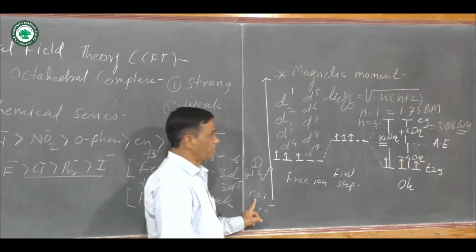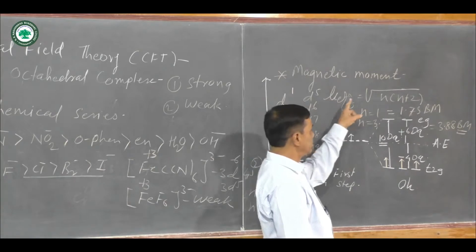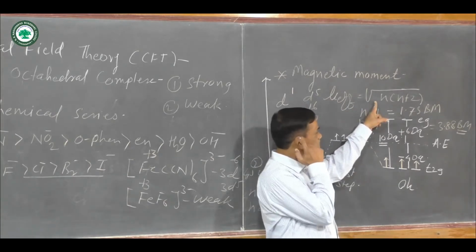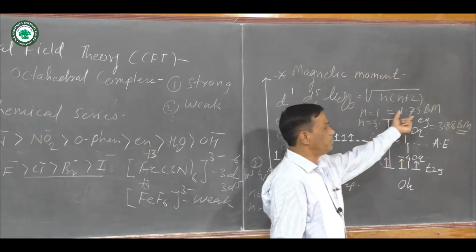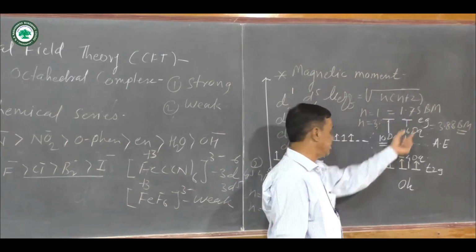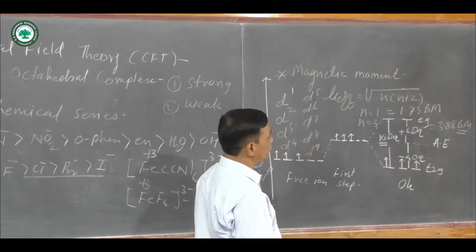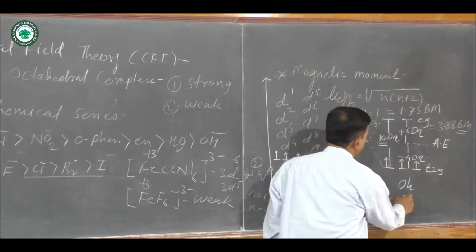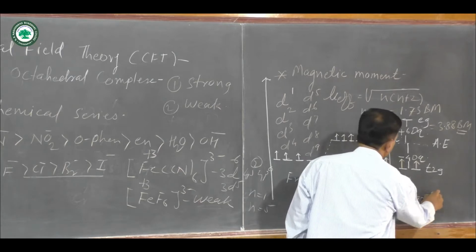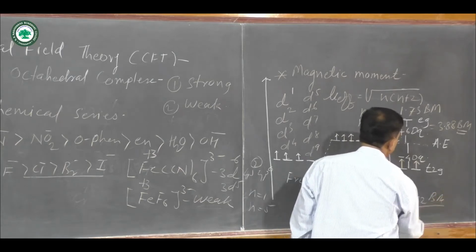By putting these values in mu effective, that is equal to under root of n into (n plus 2). When n is equal to 1, that value is 1.73 BM, and when n is equal to 5, that value is 5.92 BM, that is Bohr magneton.